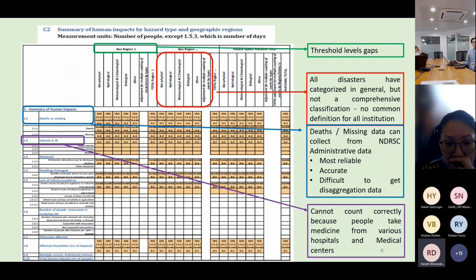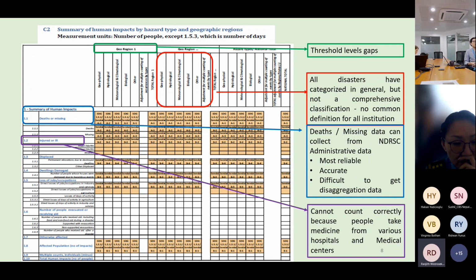And another one is injured and illness. Actually, we cannot count these figures correctly, because some affected people take medicine from various hospitals and various medical centers, so the officials who handle this situation cannot collect the real number of people who get medicine from the hospital or other places.